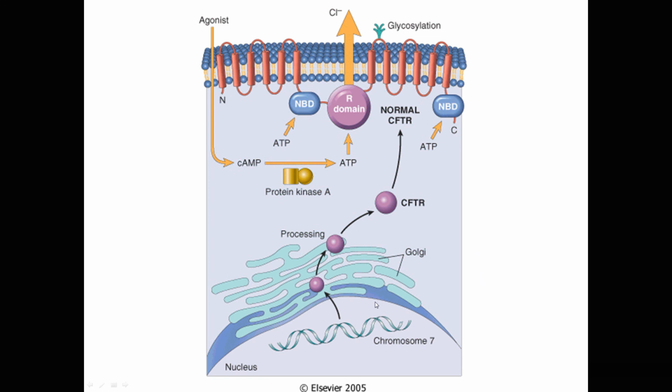This disorder is illustrated here. Chromosome 7 is defective, thus causing a deficiency of the CFTR, the cystic fibrosis transmembrane regulator. This is a defect of a transmembrane ionic channel.